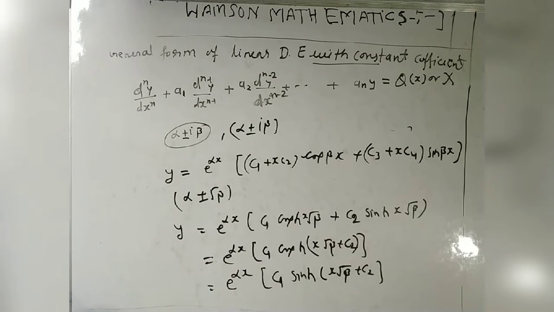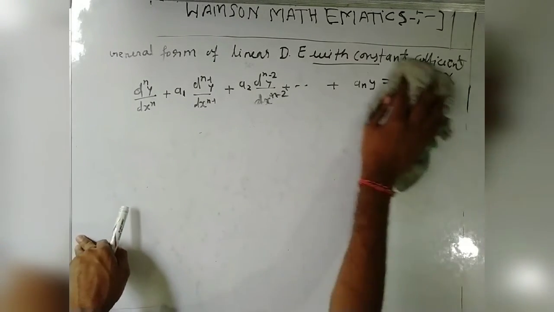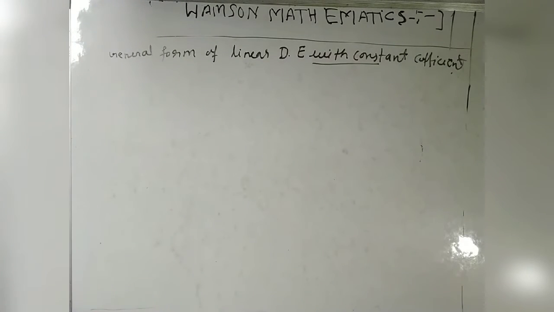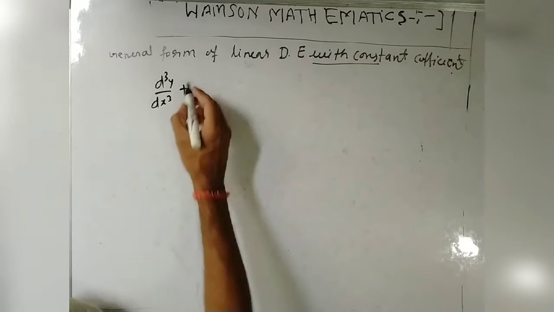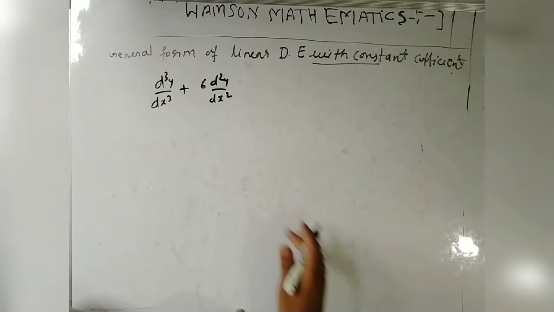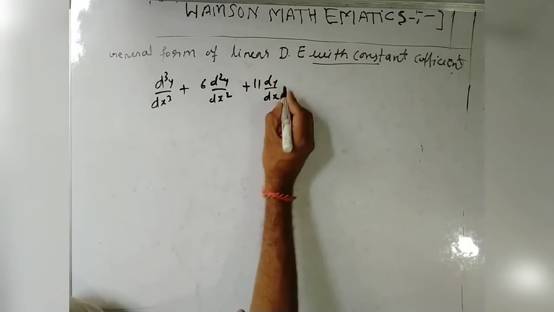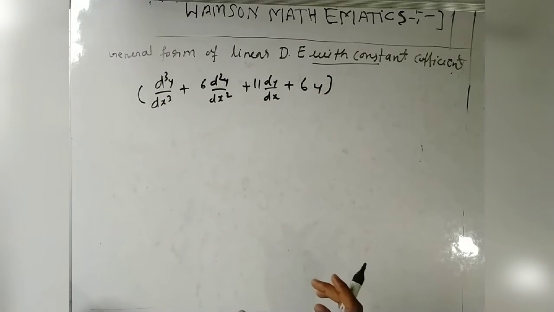Let me write here the examples. The example is d3y over dx3 plus 6 d2y over dx2 plus 11 dy by dx plus 6 y is equal to 0.